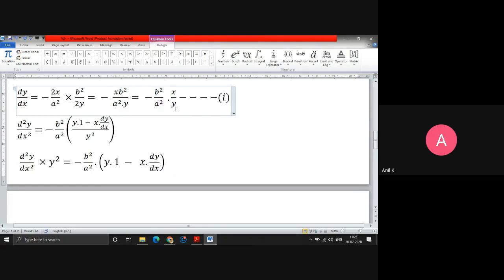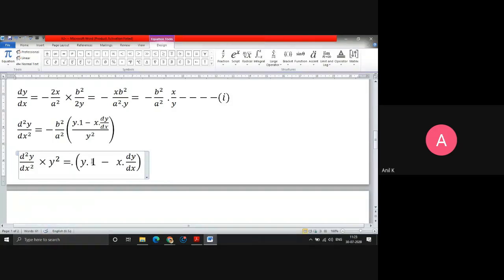Yes or no? Yes, so I'll replace minus b square by a square with dy by dx into y upon x.